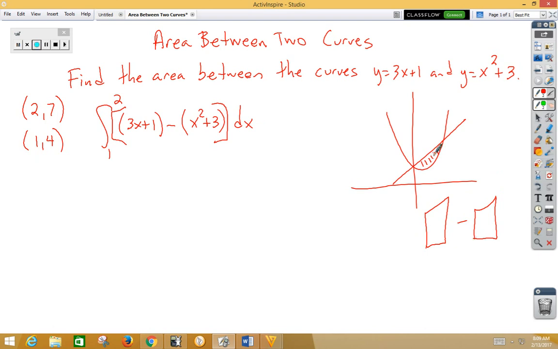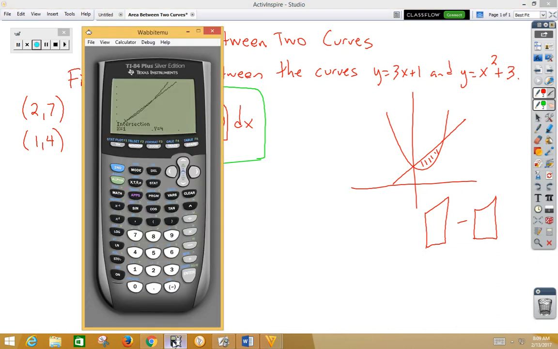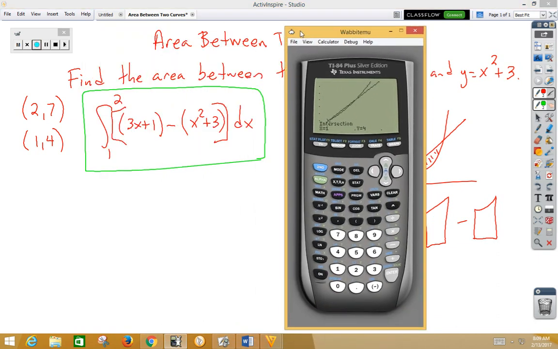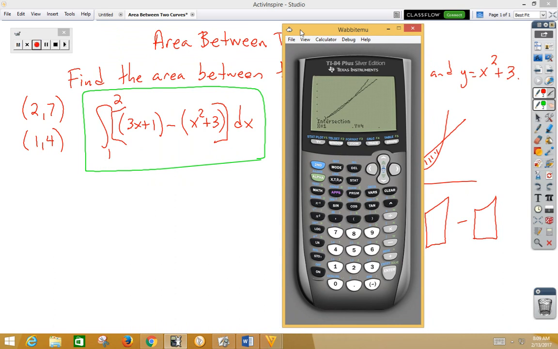Now remember, for AP purposes, you must always write out the integral that you're going to type in to your calculator. I would now get out of the graph. I never use the graph for area between two curves. I always use the finite integral, so let's get out of here and do Math 9. In Math 9, we're going to go from 1 to 2.